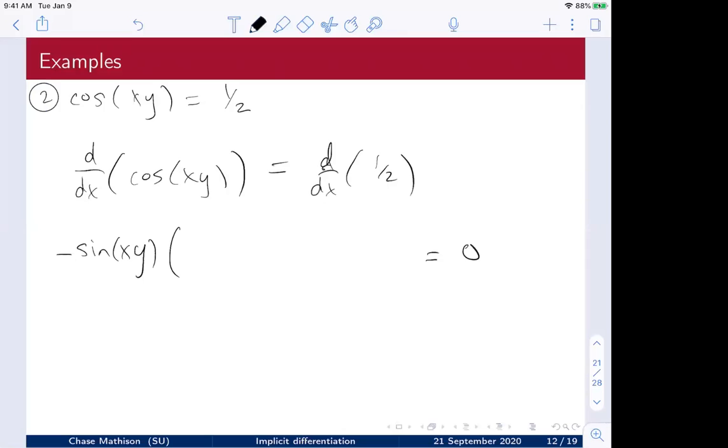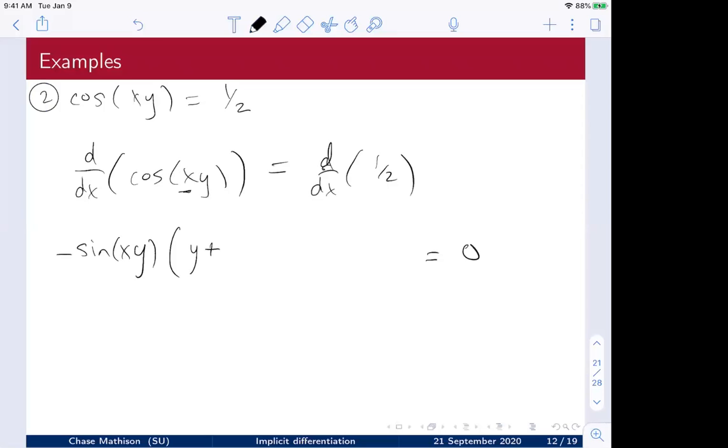So now I need the derivative of x times y with respect to x. So how am I going to take that derivative? Chain rule, but also product rule, x times y. Perfect. So product rule says I'll take the derivative of the first one with respect to x. Well, the derivative of x with respect to x is just 1. And then I'll leave the second function alone, so y.